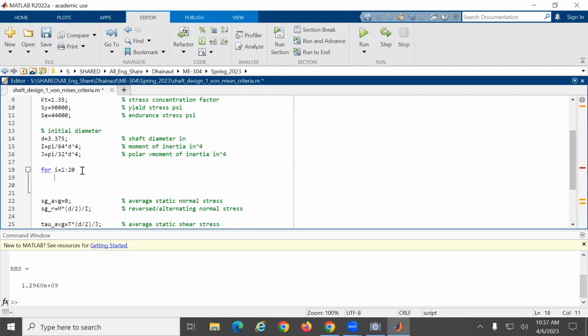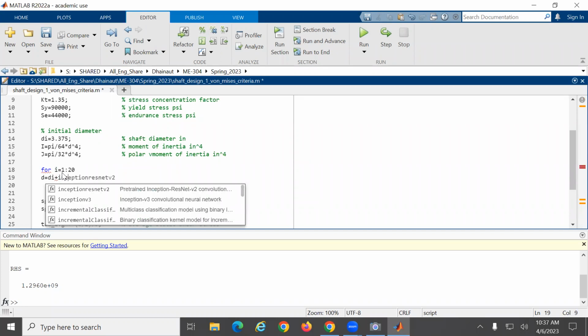So let's put over here that. Just put over here now, let's say the initial. It might be a little bit easier with this. That way I only change one. Here I can put just D will be equal to D initial plus, what do you want the increment to be?